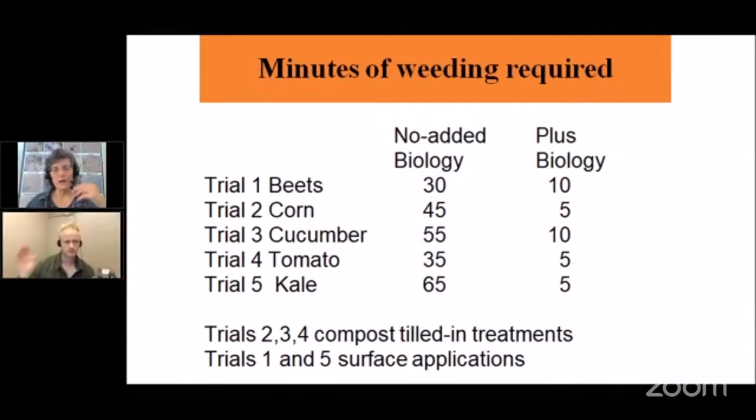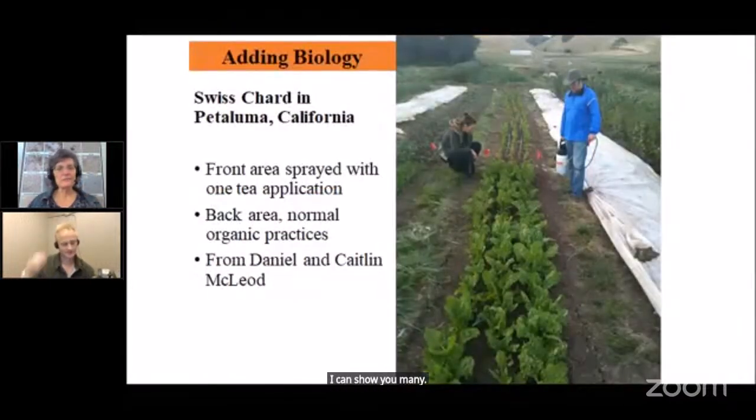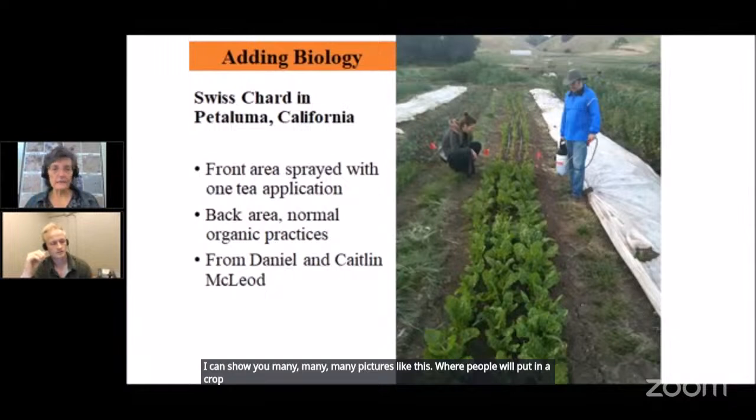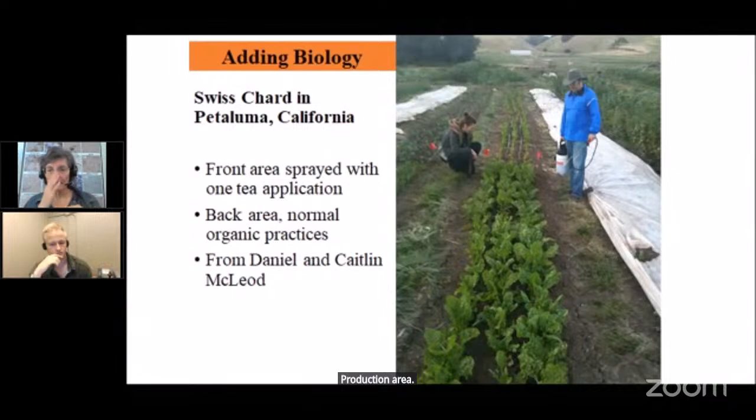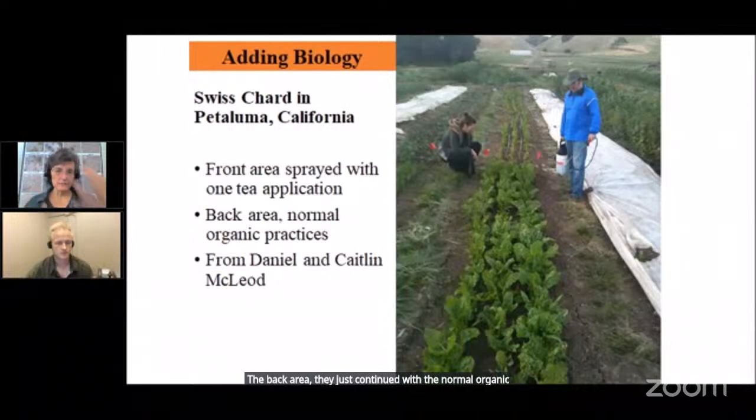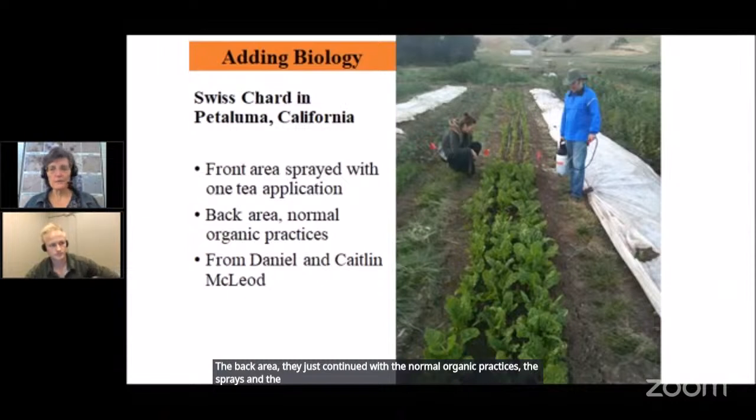I can show you many pictures like this where people will put in a crop, and yes, this is an organic production area, so all of this was organic. The back area, they just continued with the normal organic practices, the sprays and the organic fertilizers going out, and this front was sprayed once with 1 T application.